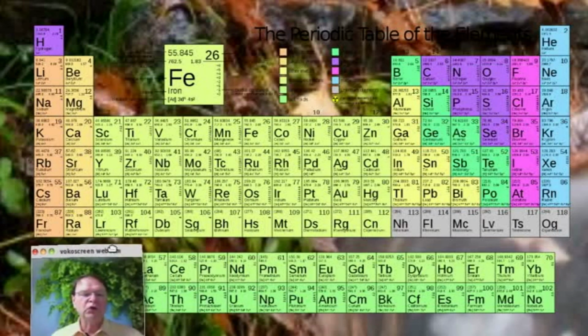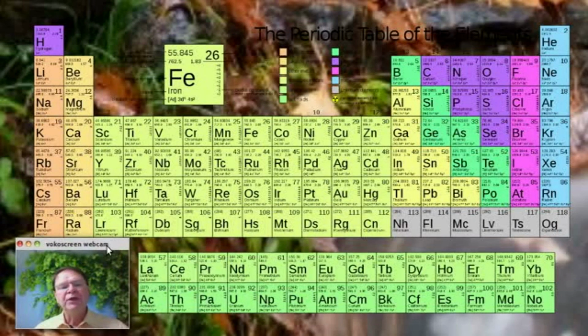Year by year, you're looking at 118 unique different kinds of particles of which all the matter in the universe is made. Some of these are much more common, some of these are relatively rare. And we're going to look in detail at atoms and the periodic table in the not too distant future.